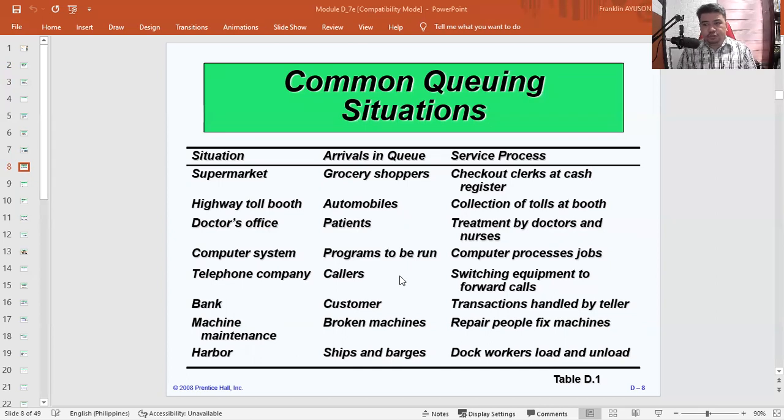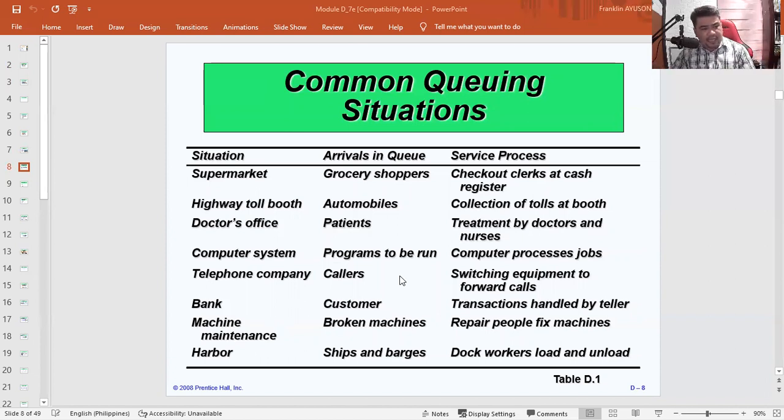So bukod doon sa arrival ng grocery shoppers at sa check out at the cash register, you have to fall in line also to be able to enter the supermarket, and for them to determine a certain level of service capacity, yung kaya nilang i-offer. Of course, this is with the determination of the IATF, as we experience now.